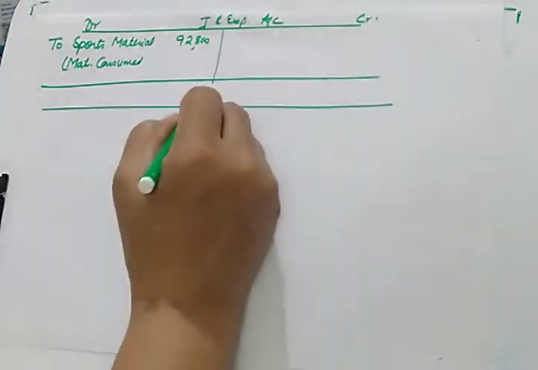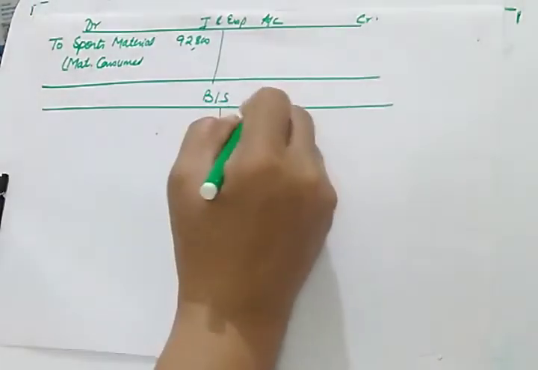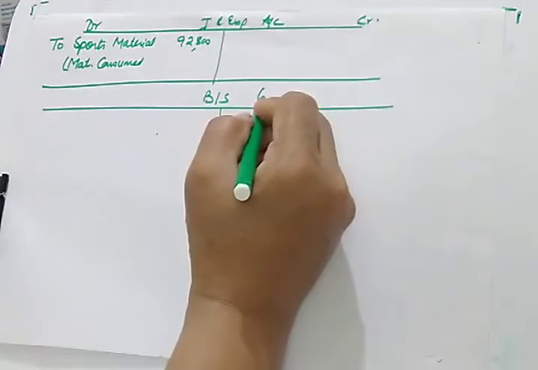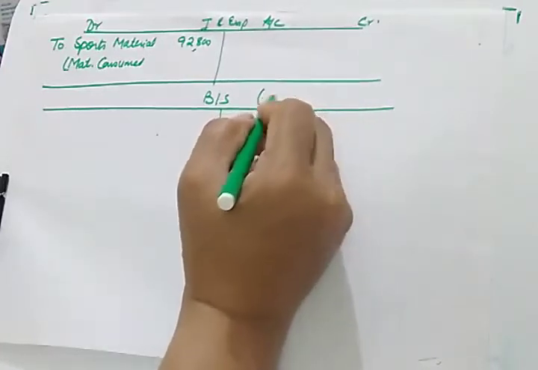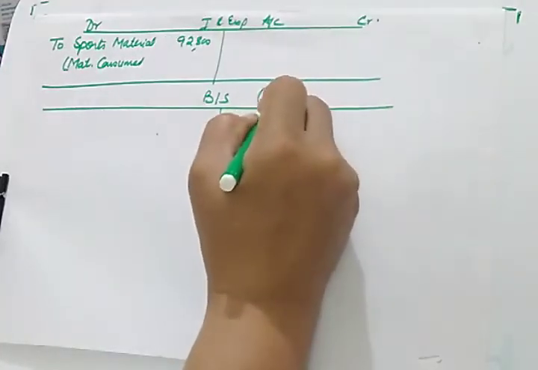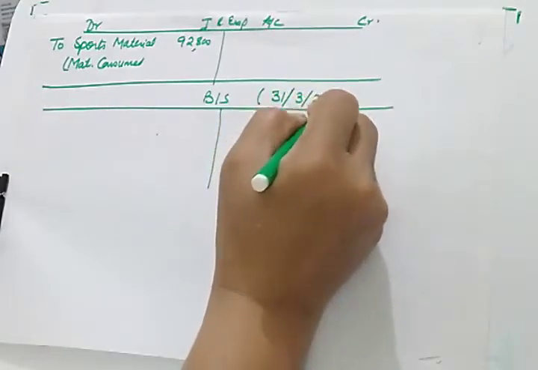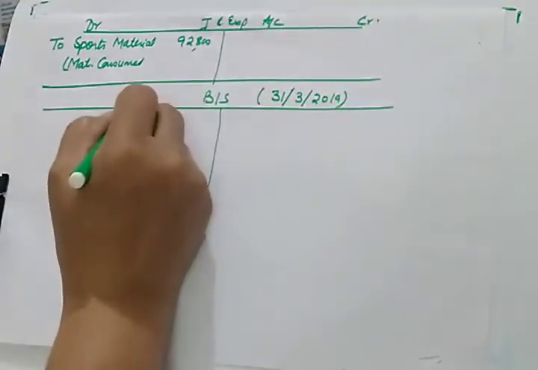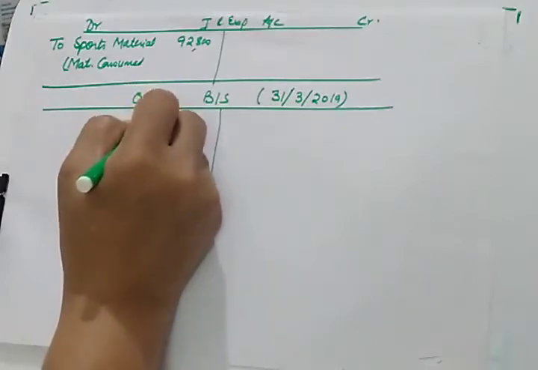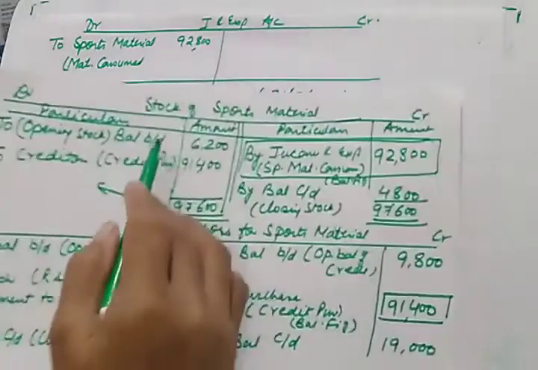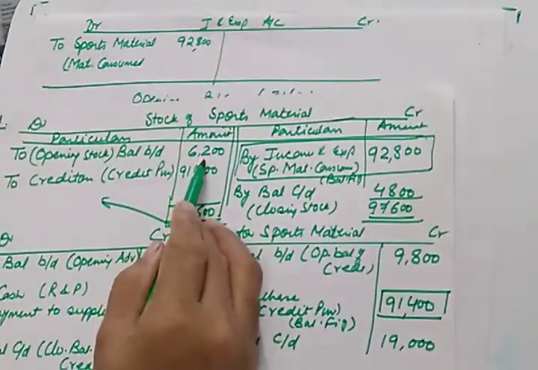So this is my balance sheet, opening balance sheet, for the year ended 31st March 2019. So this is my opening balance sheet. So in case of opening balance sheet, first of all, you have this stock of sports material.